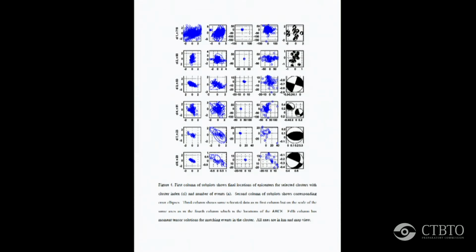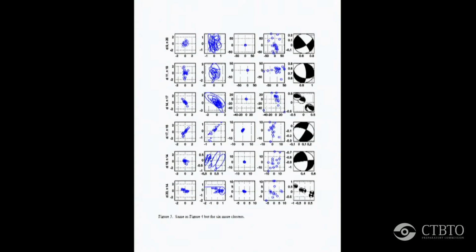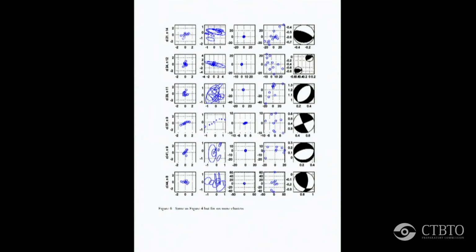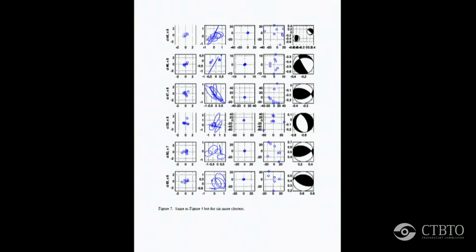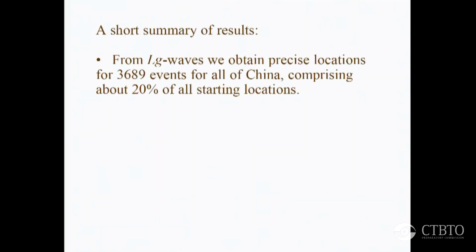So I can show this for another set of 6 clusters, and another set of 6 clusters, and another set of 6 clusters. Broadly speaking, we found 100 clusters in the seismicity of China with 5 or more events, and our summary statement would be as follows.